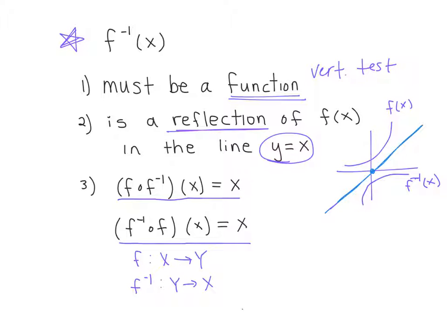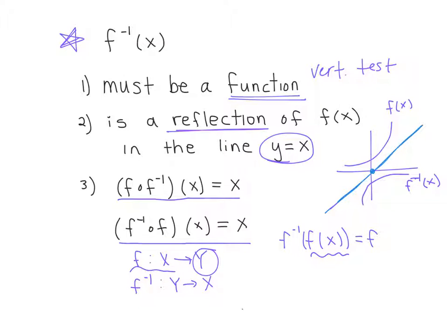So if we are looking at the second composite function where f inverse of f of x is equal to, the f of x has a value of y, right? So some kind of element that's in big Y. So we're going to let that be small y.